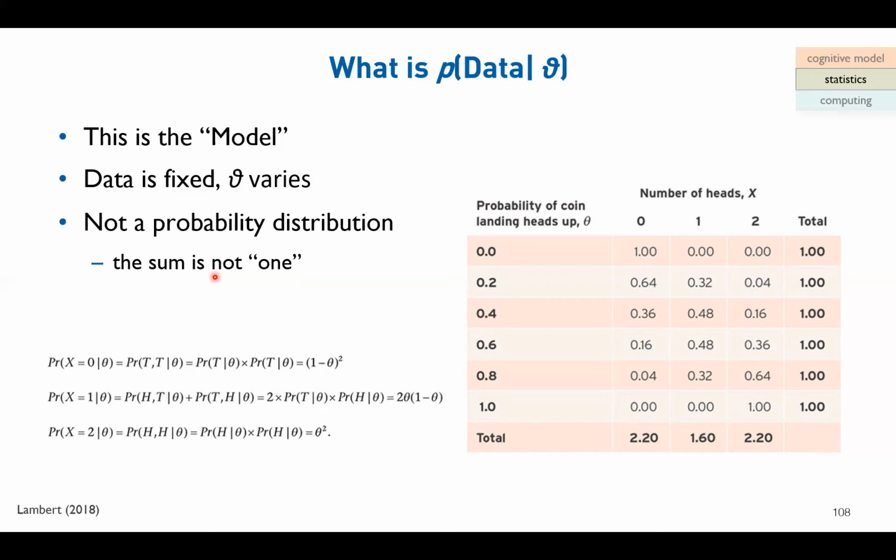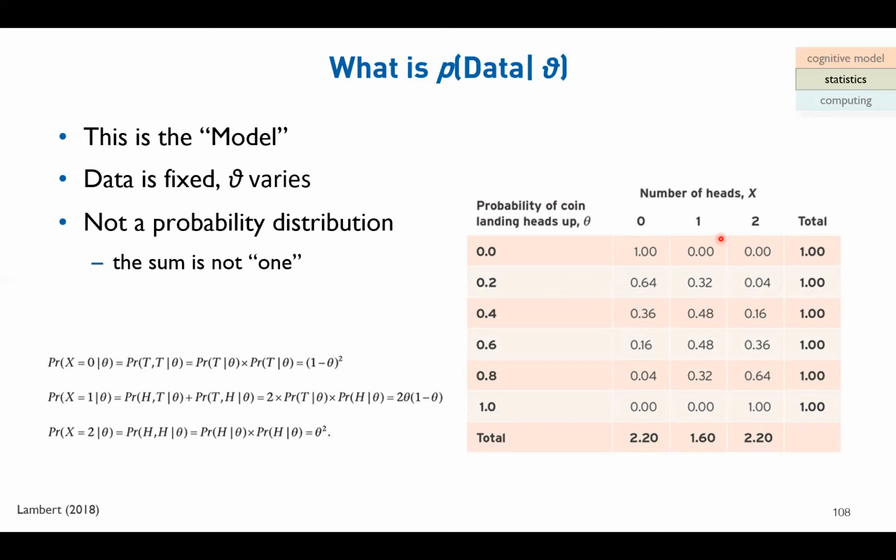So there are only 3 types of outcomes in total. So 0 means out of the two times of coin flipping, no heads facing up, just tail, right? And then this column means one head, one tail.